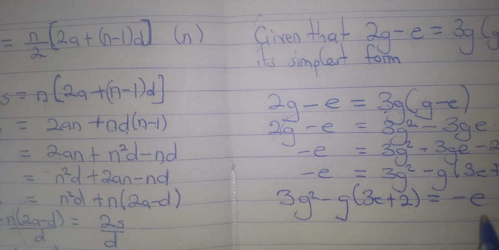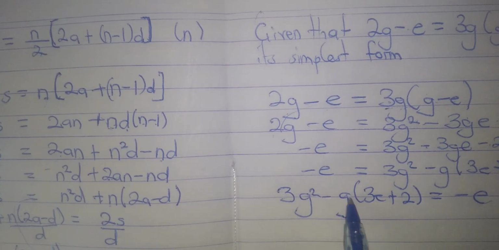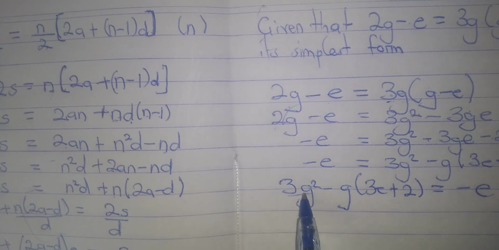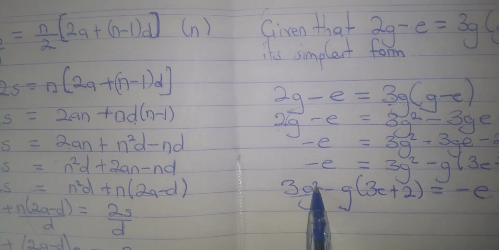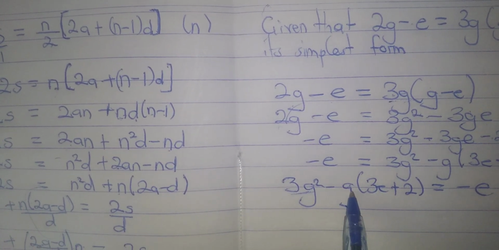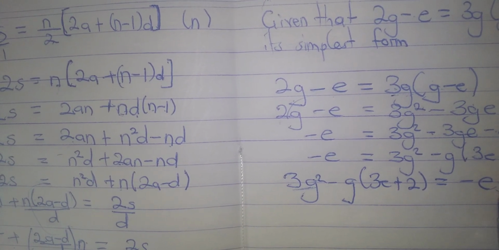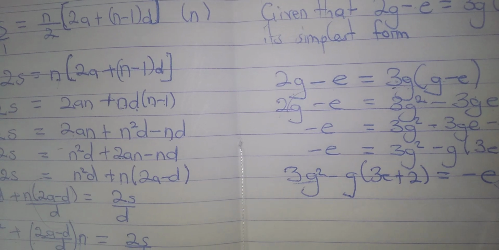So I've just done that, but remember this is power 2, this is power 1. So this is a quadratic equation in terms of g. Reason being g is in degree 2, this is in degree 1, and this is degree 0, g power 0. You know that g power 0 is a 1, that's why we don't have a g here.